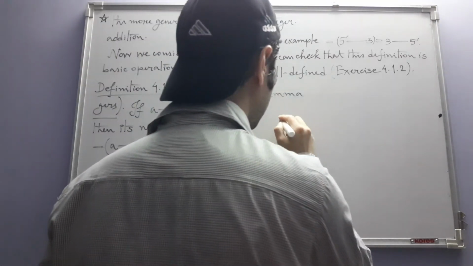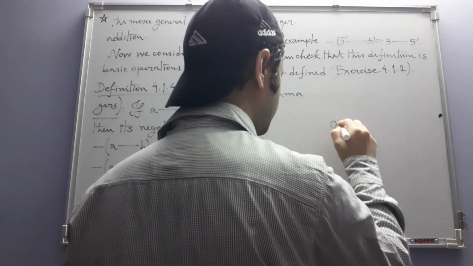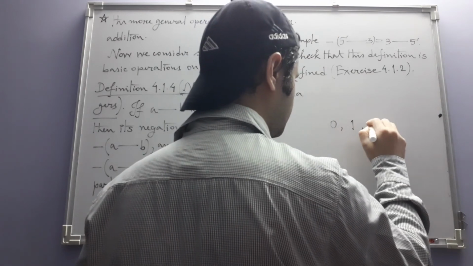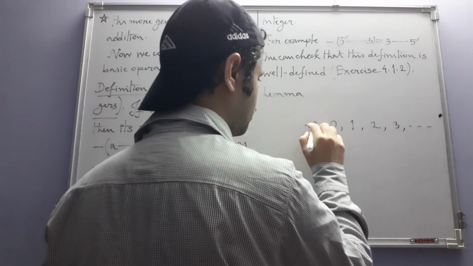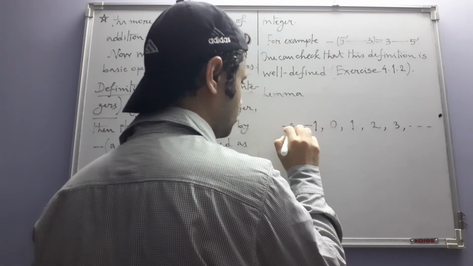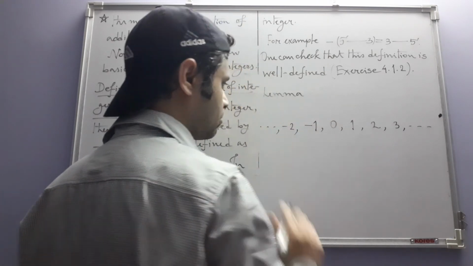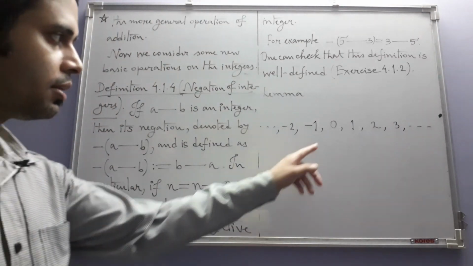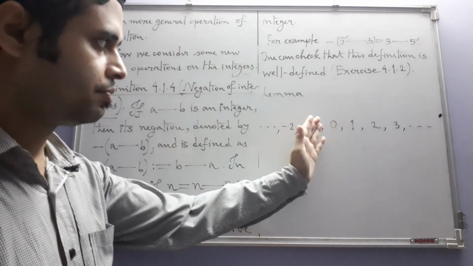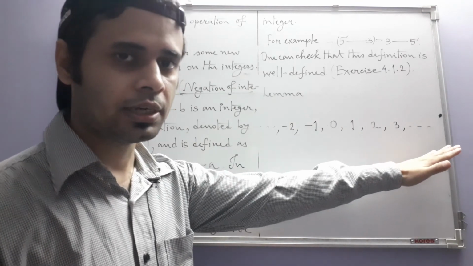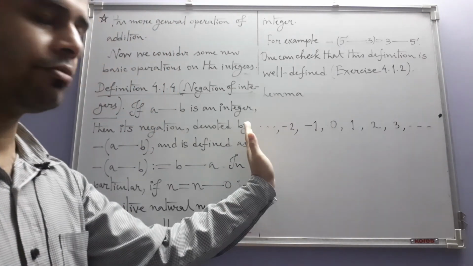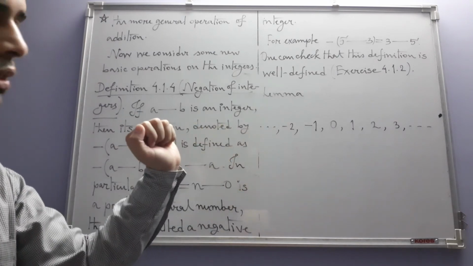You think of a set like this, no? That we have 0, to the right of 0 we have all the positive integers, to the left of 0 we have all the negative integers.